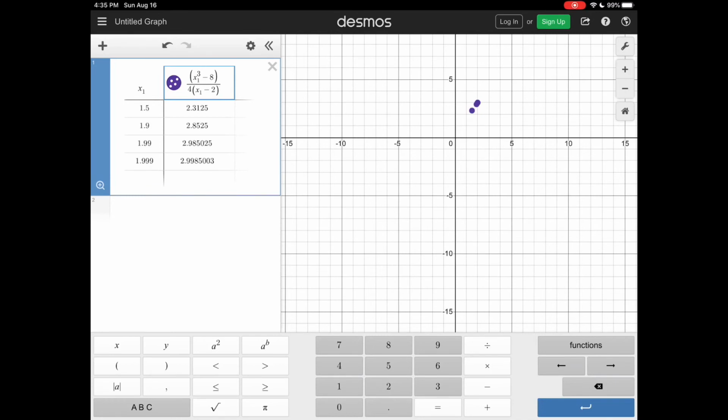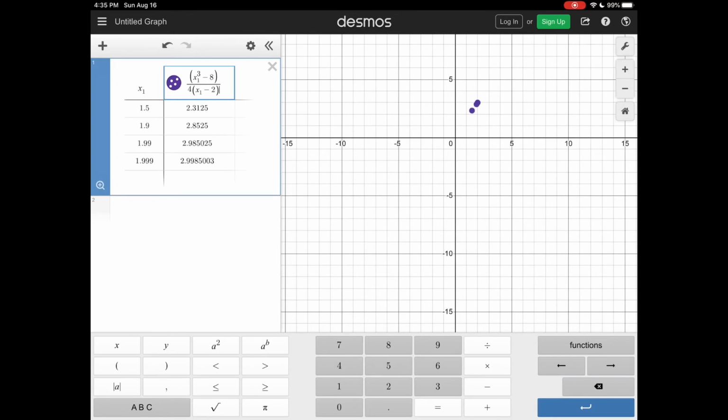So I have 2.3125, just like we calculated a moment ago. I have 2.85, 2.985, and 2.998. So as I look down that table, it looks to me like those y values are getting closer to 3.